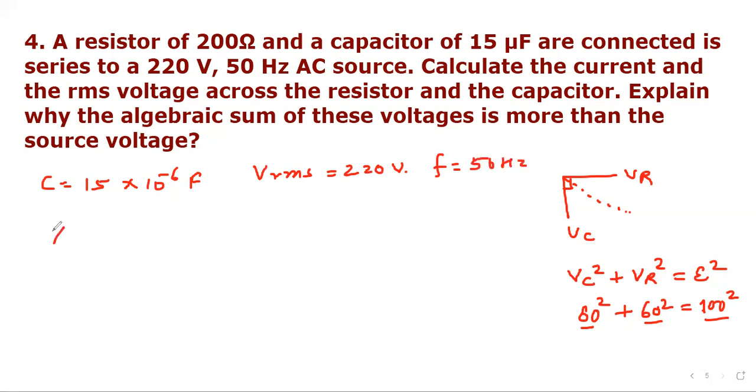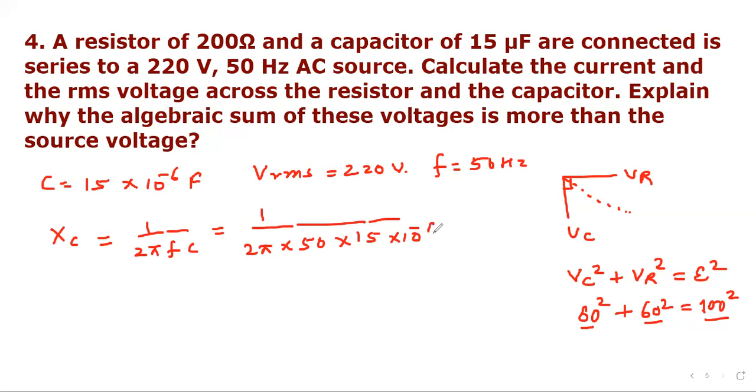So let's find out capacitive reactance. XC equal to 1 upon 2 pi f C. That is 1 upon 2 pi times frequency times 15 into 10 power minus 6. So this will come out to be 212.30.